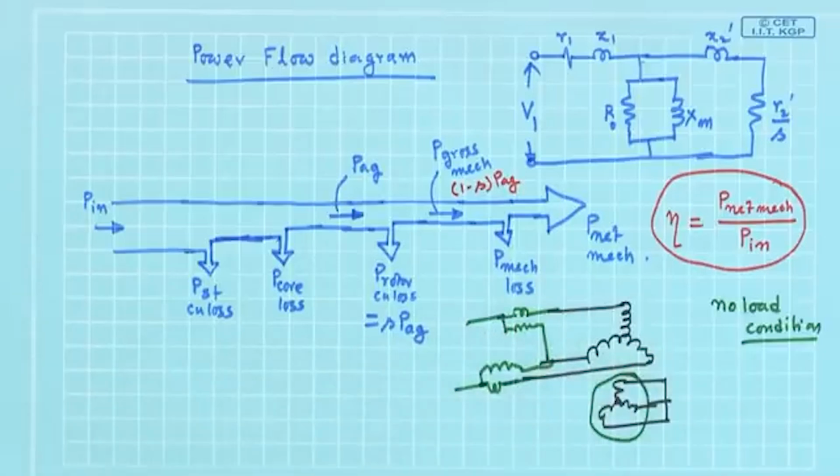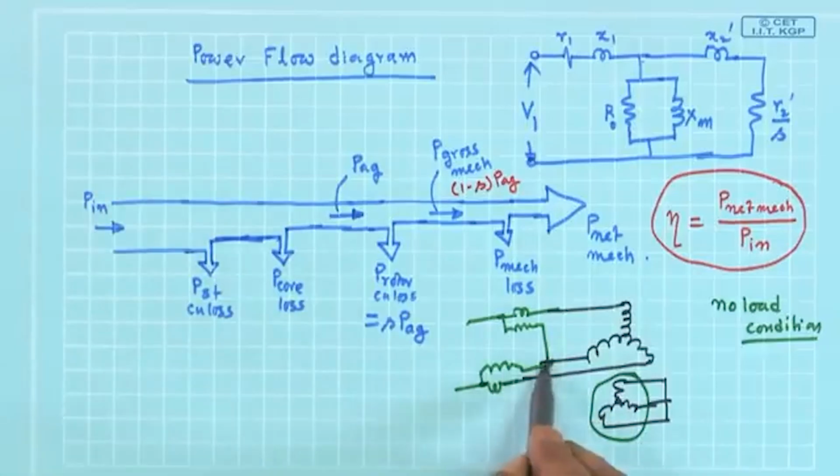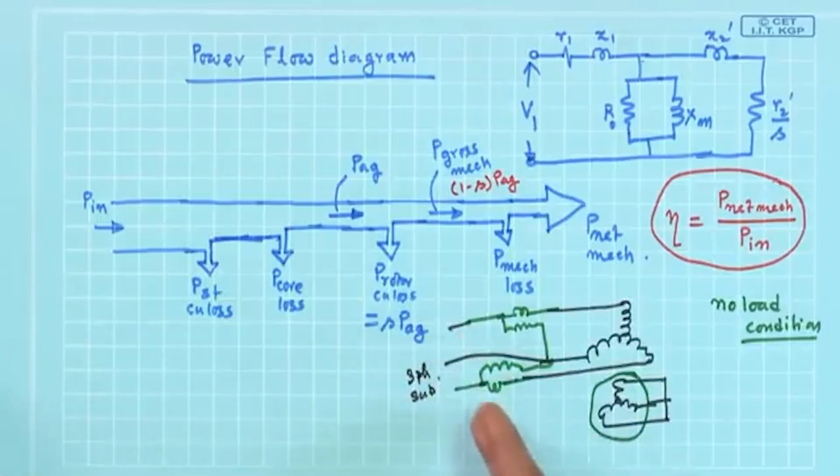This is the 3-phase side which is excited, the 3-phase supply. Now, the question is, when you excite this, what is this watt meter going to read? Let us take it from the practical point of view.